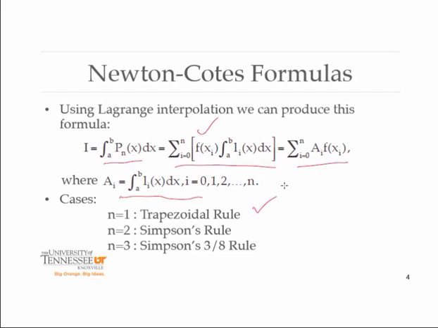If n is equal to 2 and you have 3, that's called Simpson's rule. And if you had 4 data points, that's a variation of Simpson's rule called Simpson's 3/8 rule. We're going to start off by looking at what if you use 2 data points simply to construct a linear interpolant to your data and use it as a way of getting an integral estimate of the original function.